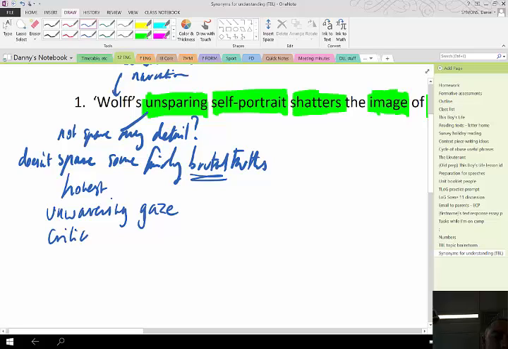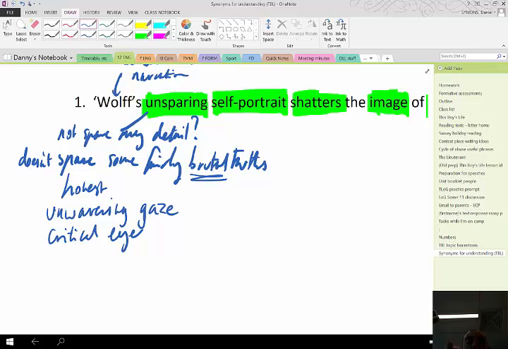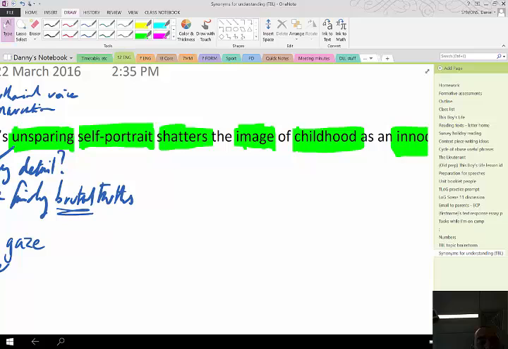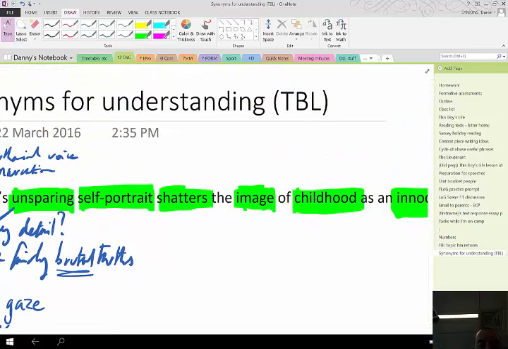It's a critical gaze. It's a critical eye, in the way that he sees himself. Okay, already I've got a few extra words to help me unpack what I mean by Woolf's unsparing, and my understanding of that has developed a little bit more.